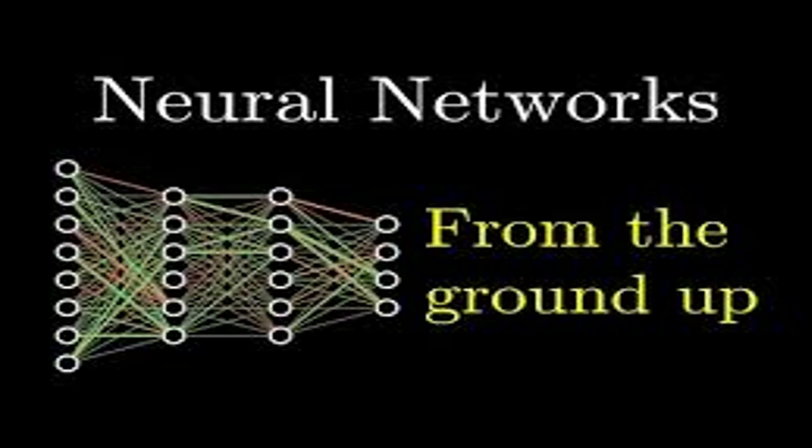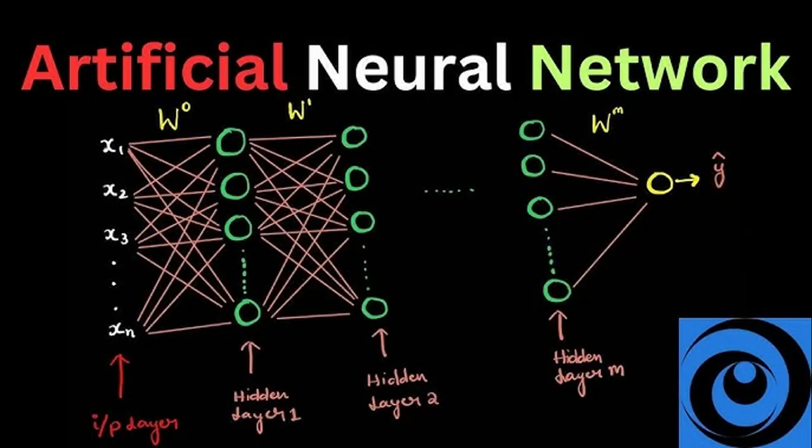Neural networks from the ground up. Okay. Artificial neural network: X1, X2, X3, and so on, continuing to Xn. We have W power 0, W in prime.